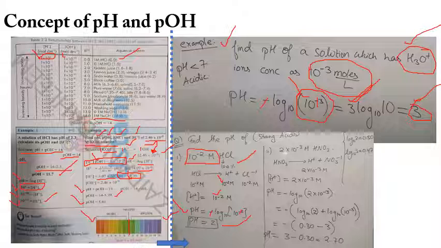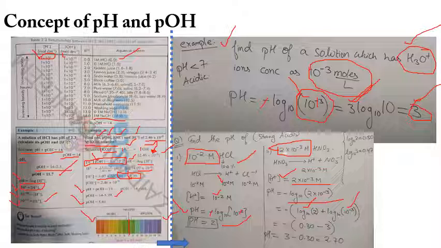Similarly, a solution has nitric acid with molarity 2 into 10 power minus 3. It means H plus ions are 2 into 10 power minus 3. So put here minus log 2 into 10 power minus 3. Log has a property: log 2 plus log 10 power minus 3.